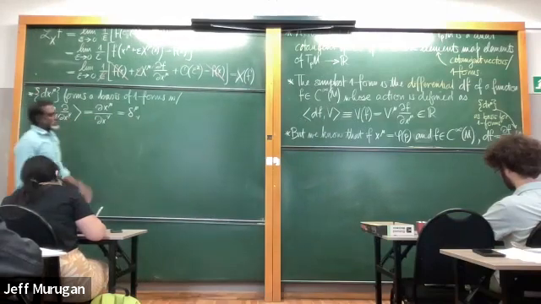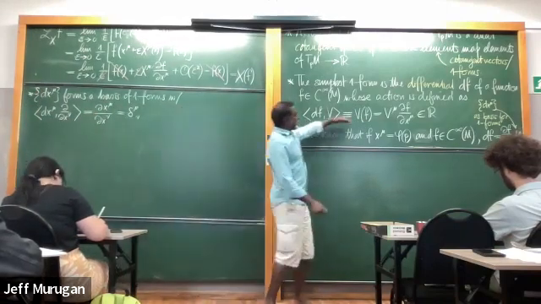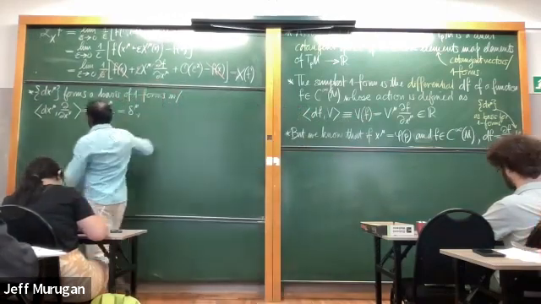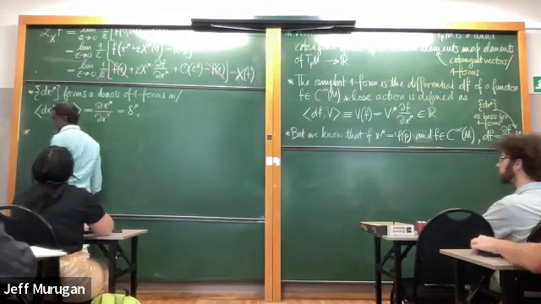And so this basis is a dual basis to the d by dx mu on the basis of TP of M.